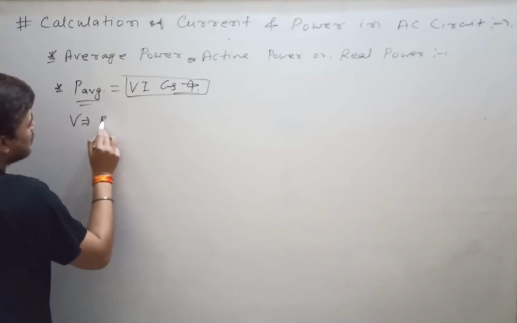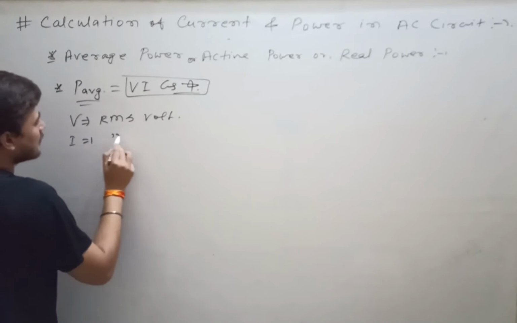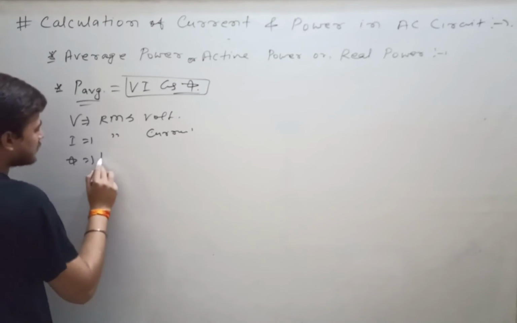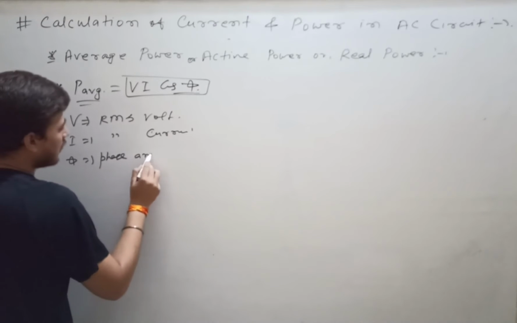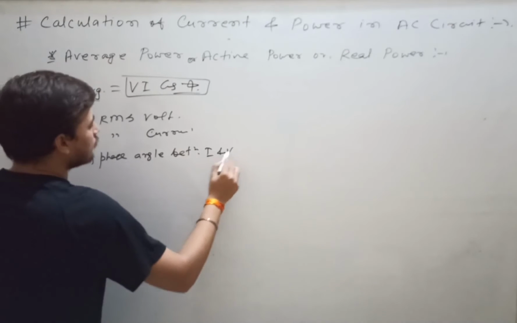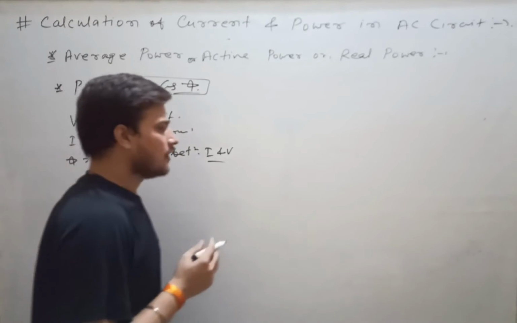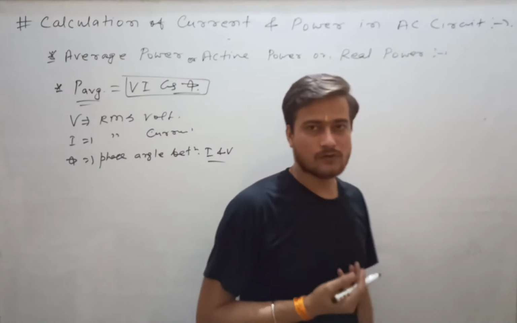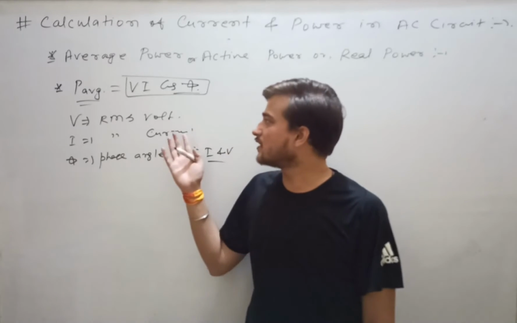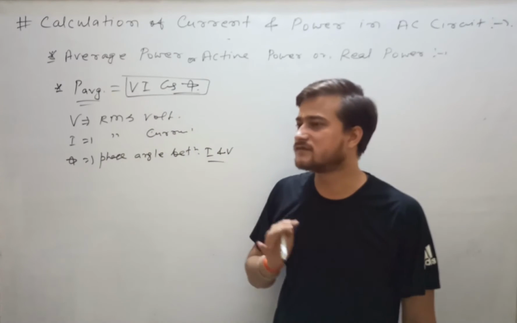V is the RMS voltage, I is the RMS current, and phi is the phase angle between I and V. If any waveform or expression for voltage and current is given to you, then you can find the average power by writing V into I into cos phi.